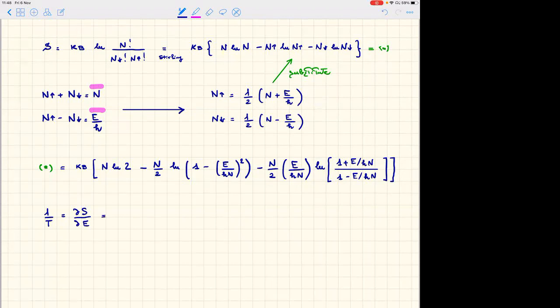And this is going to be equal to k_Boltzmann divided by h times the arctangent hyperbolic of E divided by h times n.